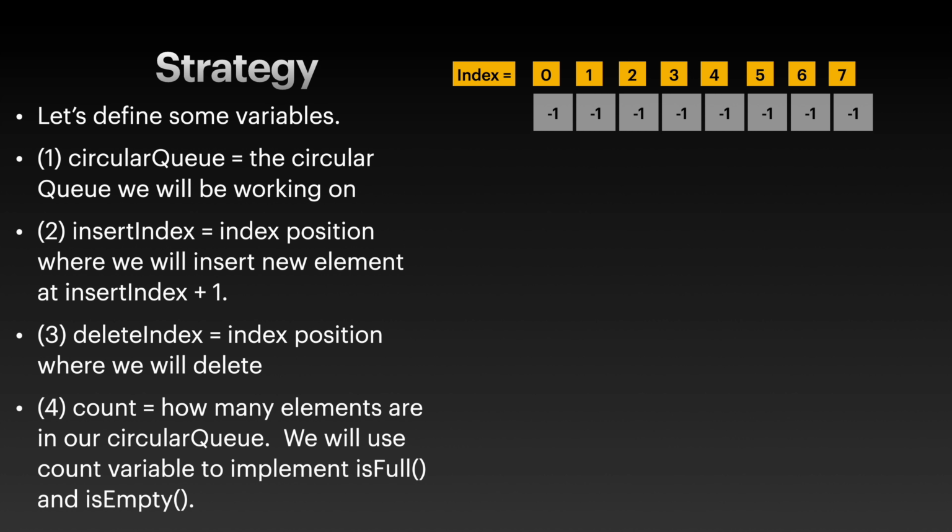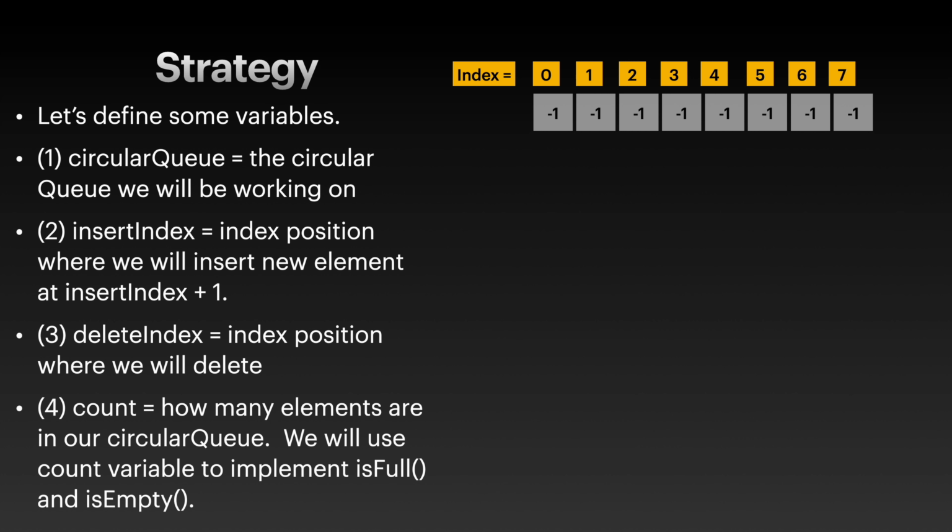And then the count variable is how many elements we have inserted. Whenever we enqueue some number, we will increment our count variable by 1, and whenever we dequeue a number, we will decrement our count variable by 1. That's going to help us to implement the isFull method and the isEmpty method.